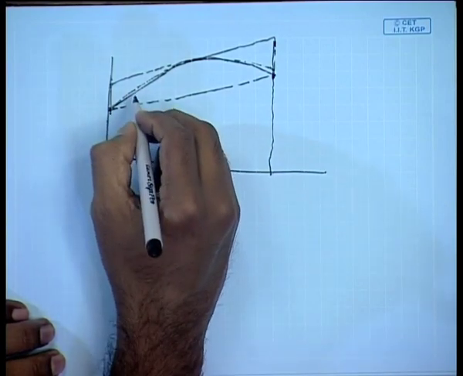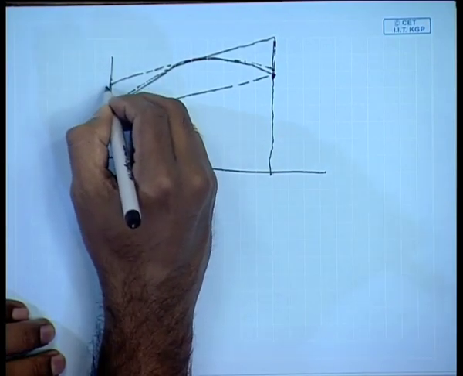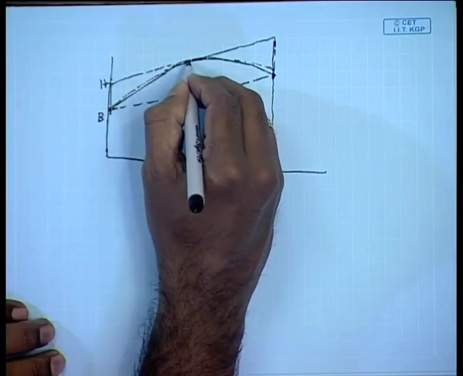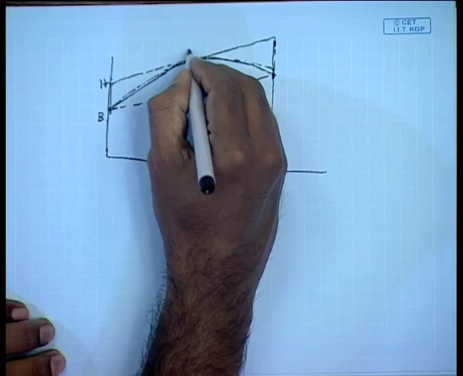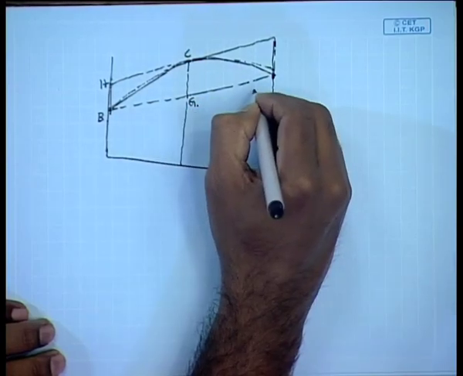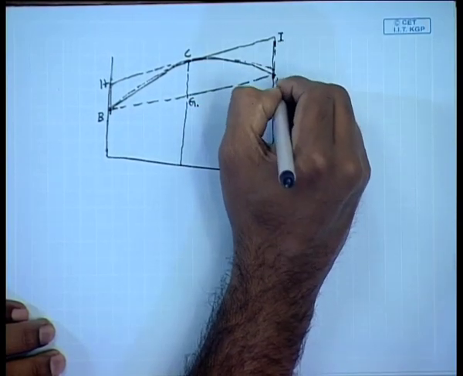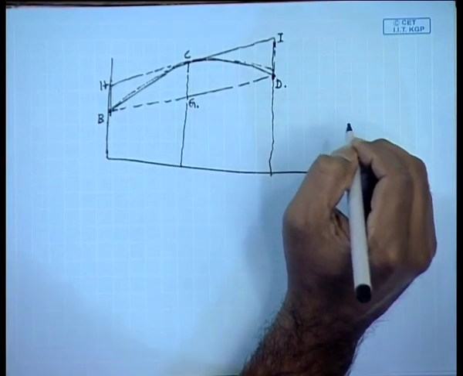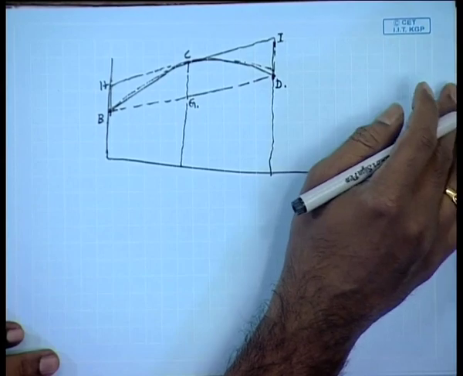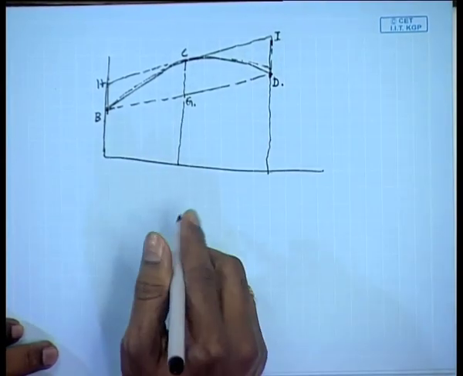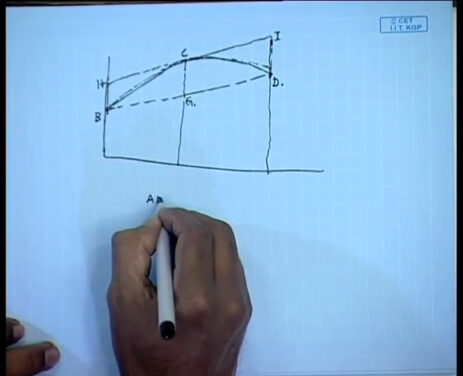So, here you have B, H, C, G, I, D, so you have AB.